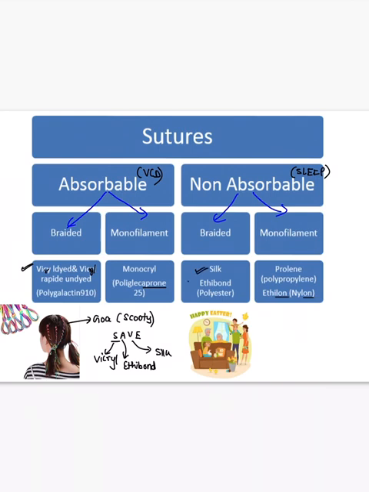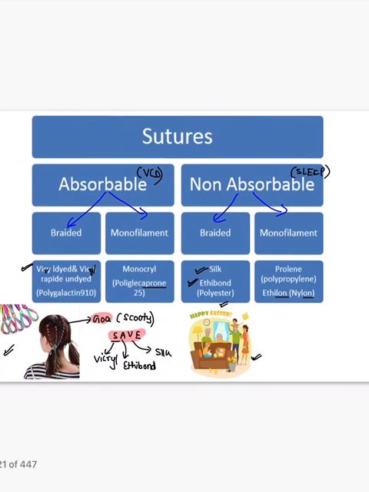Now, again, non-absorbable braided: silk, where multiple silkworms are used, and ethibond, multiple people making a bond on Easter. If you have visited Goa beach, braiding of hair is very common there. When you plan to go to Goa, you need to save a lot. So the mnemonic for braided sutures is SAVE.